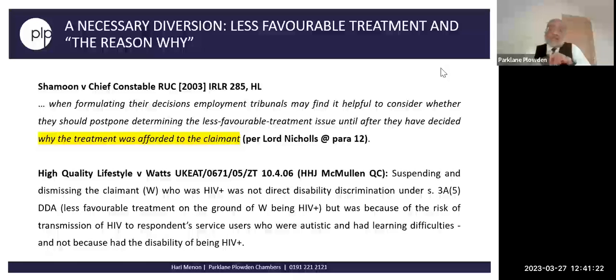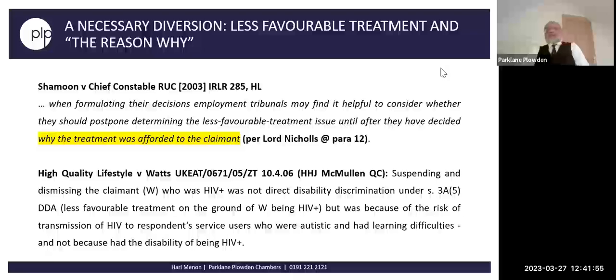And an illustration of this is the case of High Quality Lifestyle against Watts. Although this was a decision of the EAT, it did not explicitly make any reference to the case of Shamoon. What it actually did is adopt the reason why test.